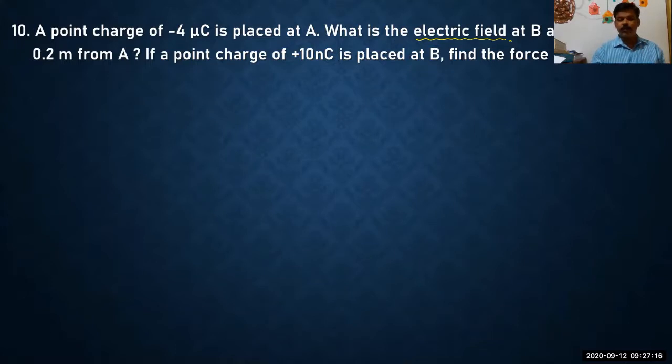Hence, the formula of electric field is given by E is equal to 1 divided by 4 pi epsilon naught into Q divided by R square. So this is the formula we have learned. Okay, so whenever you come across the concept of electric field at a point, you have to make use of this formula. And remember that this Q is the charge due to which the electric field is created.